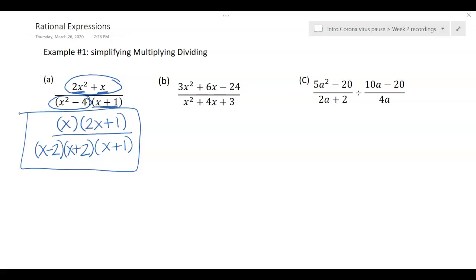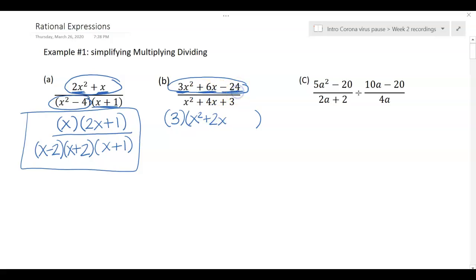All right, looking at part B, again, I want to start with the greatest common factor. In this numerator, 3, 6, and 24 are all divisible by 3. So I want to create a factor of 3 and write what's left when I factor out that 3. So 3x squared when divided by 3 would leave x squared. 6x when divided by 3 would leave 2x.